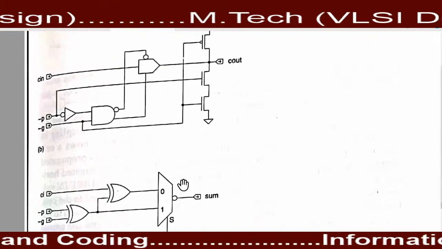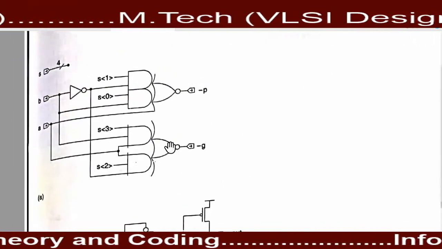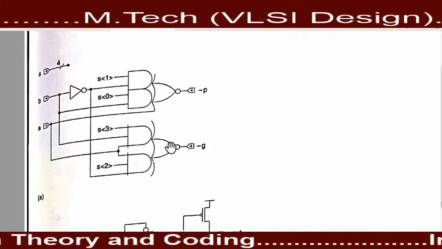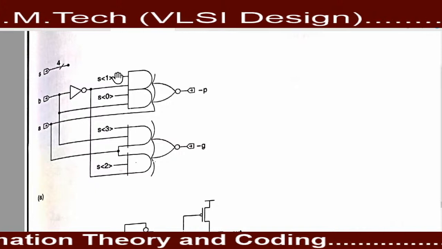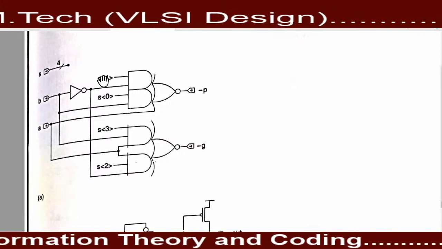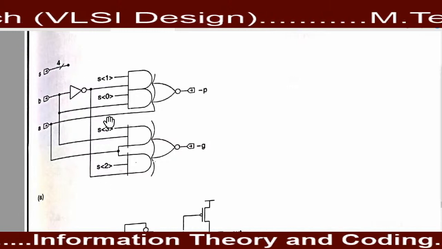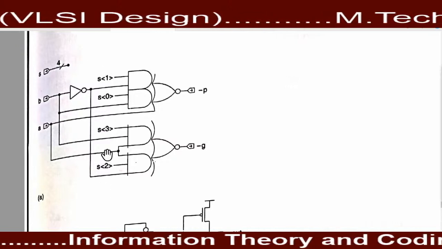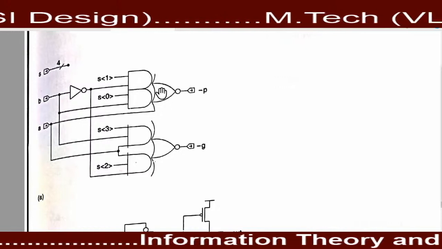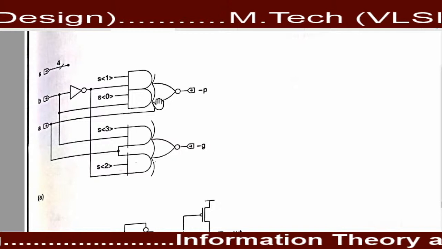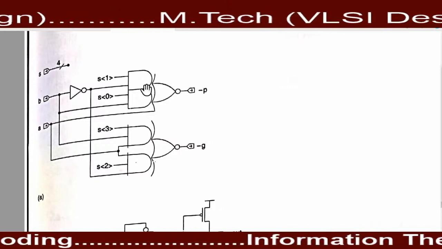Here one more circuit is also present. In this circuit, some selection lines are present, such as S0, S1, S2, and S3. These selection lines select which input is provided in the circuitry, and which will be in the rest condition at that time.